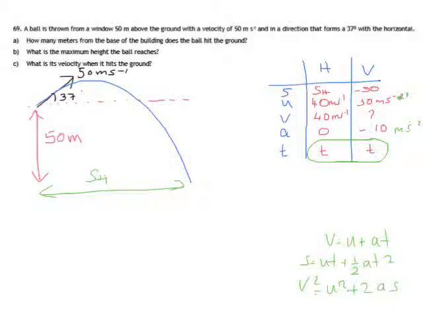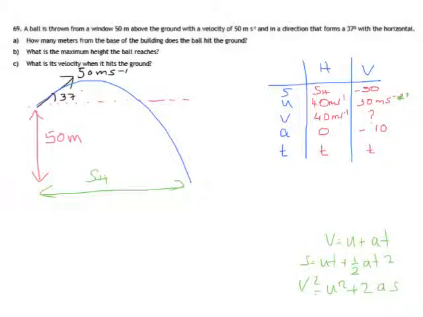Okay. Now, in order to find how many meters from the base of the building the ball hits the ground, the most appropriate equation to use is the second one here. In fact, this is pretty much standard for all of these oblique projectile style questions. This is the most common formula that's used. If we substitute the values in, you'll find it's quite interesting because we are going to end up with a quadratic equation.